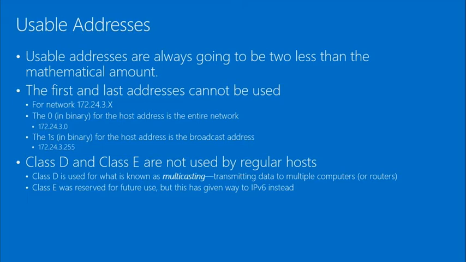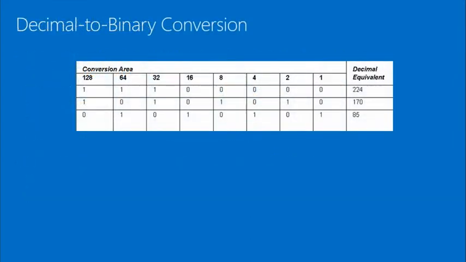Class D and E's are not used by regular hosts. Class D's for multicasting. Class E was reserved for future use, but has been given away to IPv6, which we're going to talk about in a little bit. And IPv6 is neat stuff, so you should stay tuned. Yeah. I warned you this was coming.